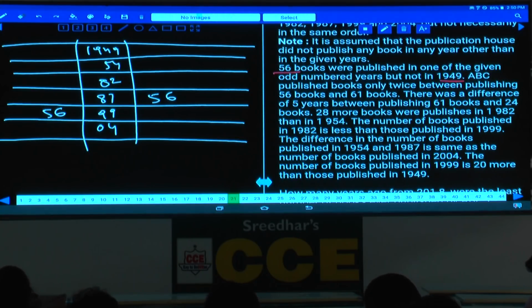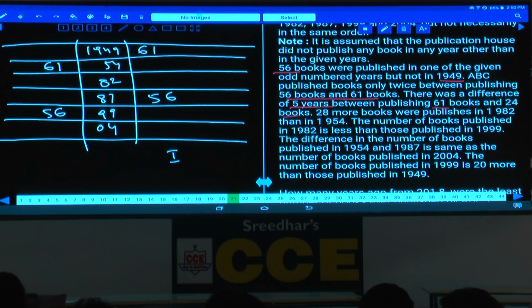And ABC published books only twice between 56 and 61. Between 56 and 61, only twice. Now in case 1, this 61 must be at the top, because between these 2 there must be only 2 years. And similarly here also 56 and 61, and this 61 must be in the year 1954. Only 2 between 56 and 61. And there is a difference of 5 years between publishing 61 books and 24 books.